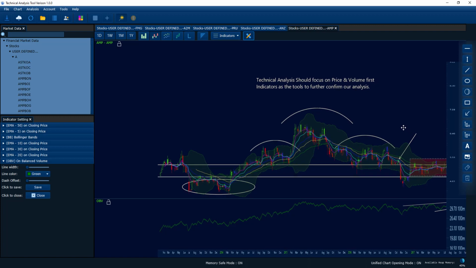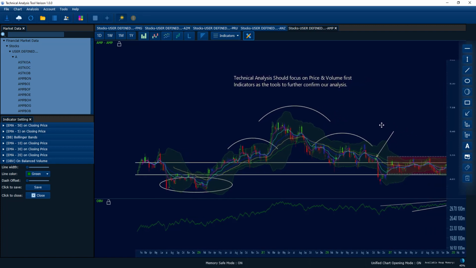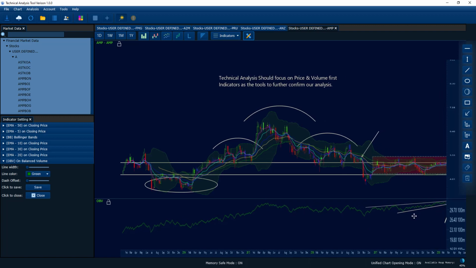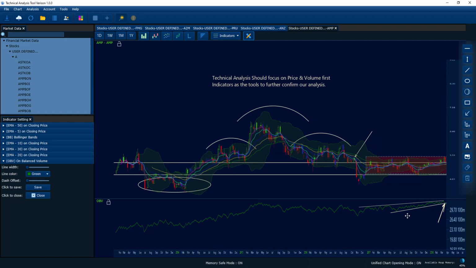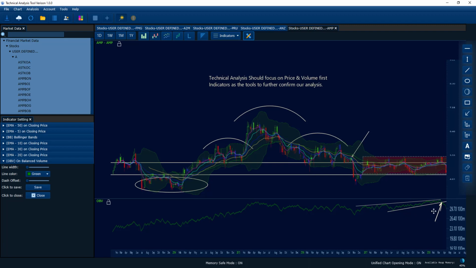Looks like it's still trading inside that trading range. Meanwhile, we can already draw a pattern on the OBV line as well. But as time goes by, we're expecting a breakout or breakdown. Nobody knows. Okay, up to here, you can see the OBV line breaks down. You have to be careful.